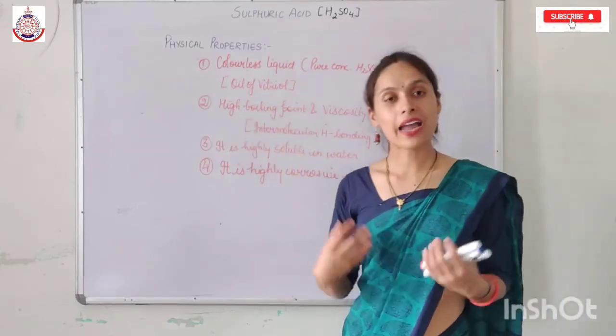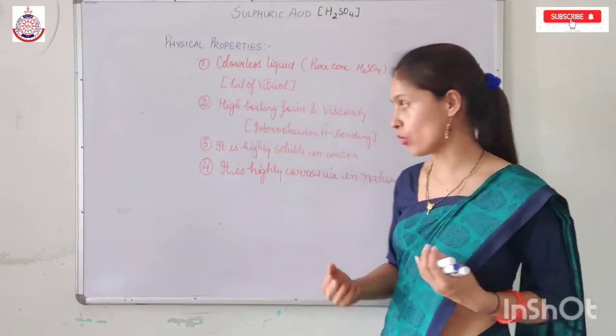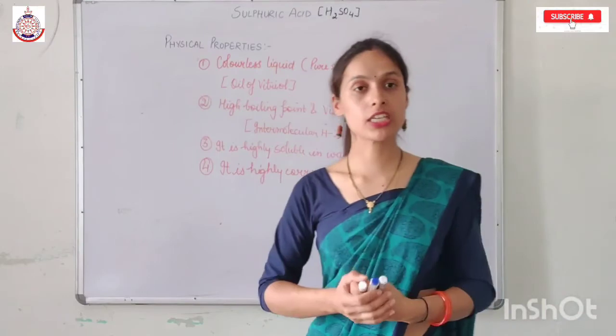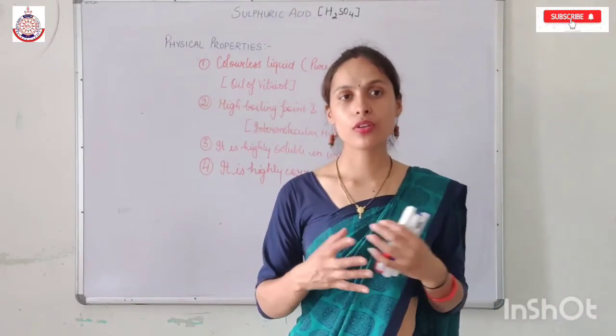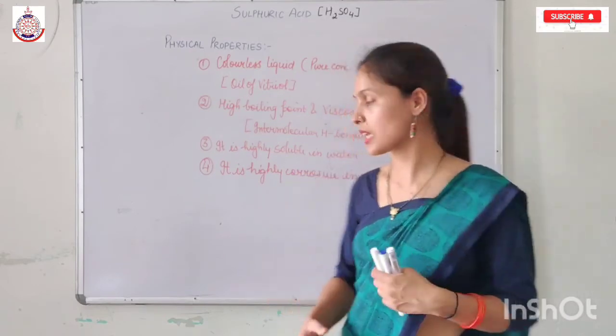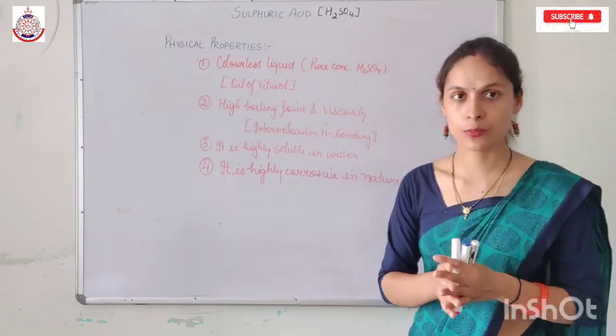It has a very high boiling point and high viscosity due to intermolecular hydrogen bonding. It is highly soluble in water. It has a strong affinity towards water, and because of this, the reaction between water and sulfuric acid is exothermic in nature, and it is highly corrosive in nature.